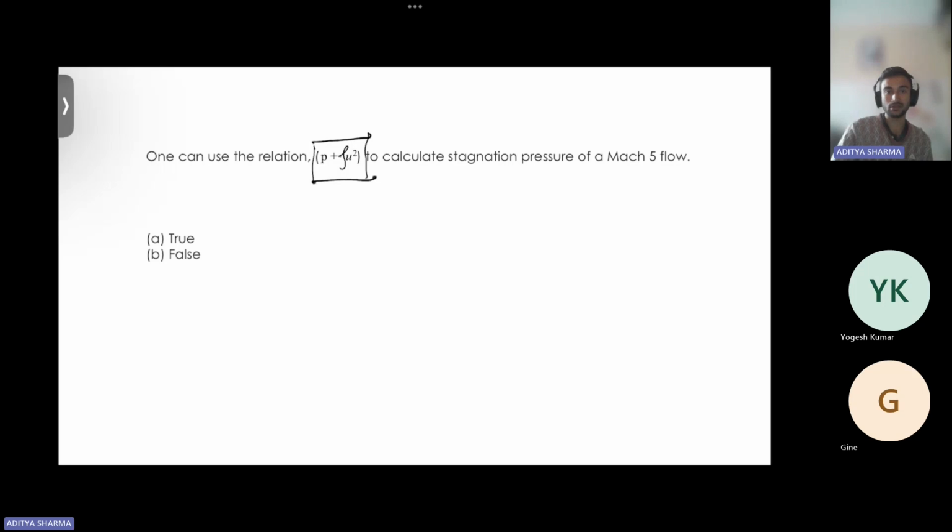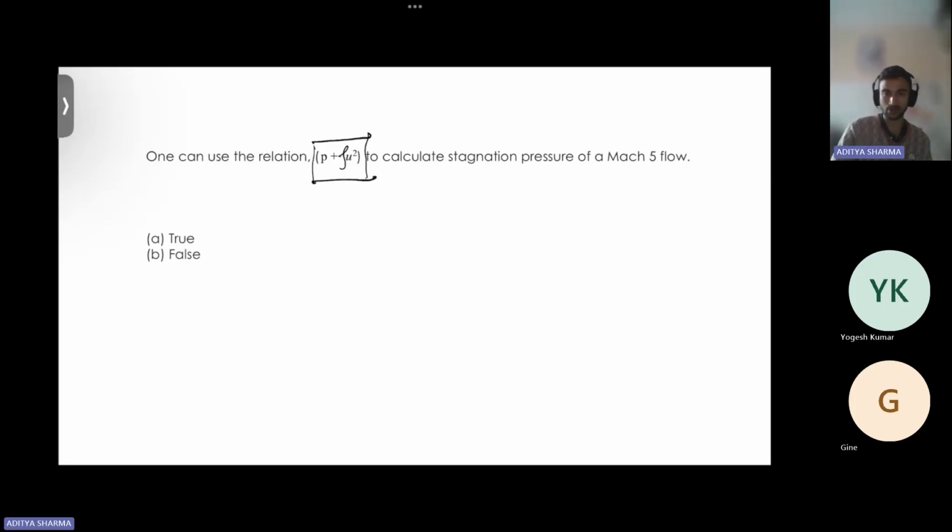So can we calculate the stagnation pressure for Mach 5 using this relation? Is this the relation for stagnation pressure when the flow is Mach 5 or more?